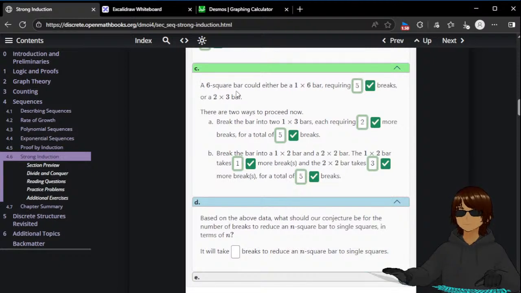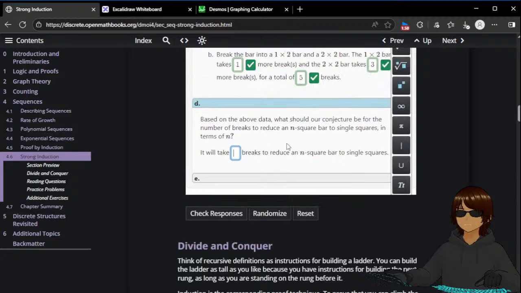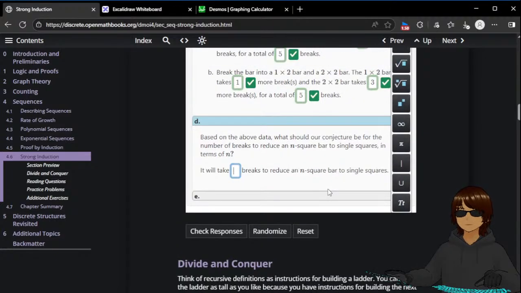But if it's a 6 square bar, it requires 5 breaks. 2 ways to proceed. This will require 5 breaks as well. So what about this? I guess n minus 1 breaks.